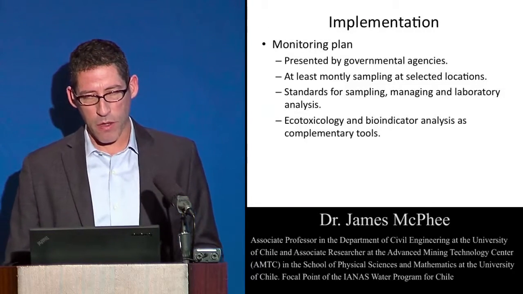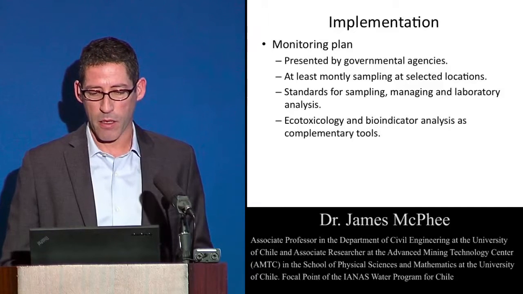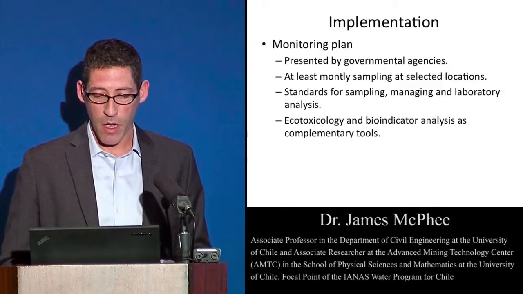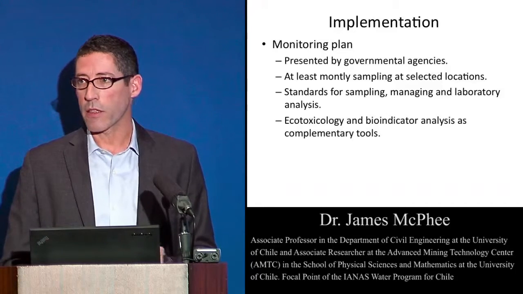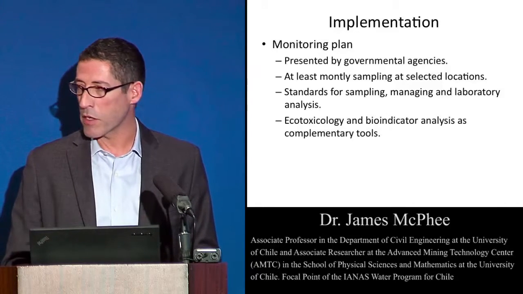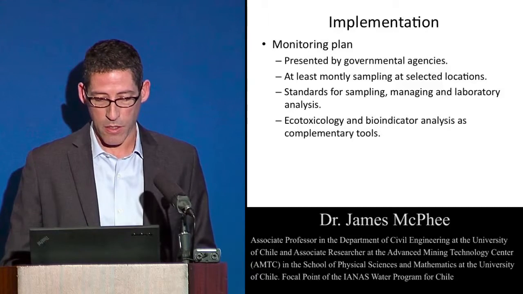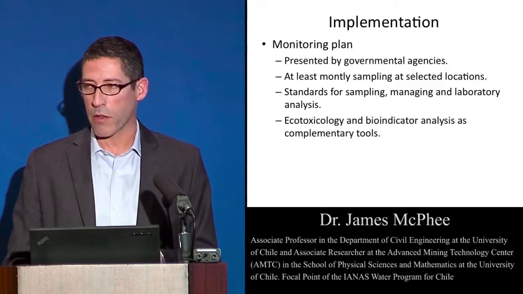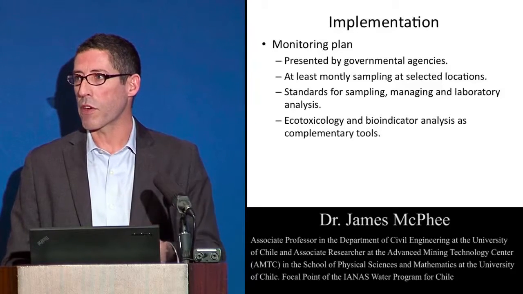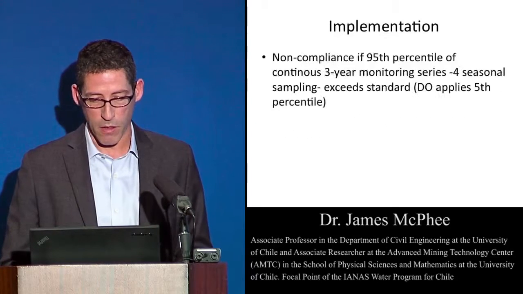The implementation of the standard involves a monitoring plan, which has to be presented by governmental agencies, monthly sampling at select locations, standards for sampling, managing, and laboratory analysis, and the possibility of ecotoxicology and bioindicator analysis in the first few years of the implementation of the standard.